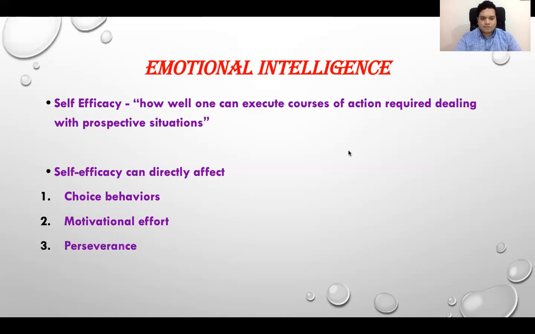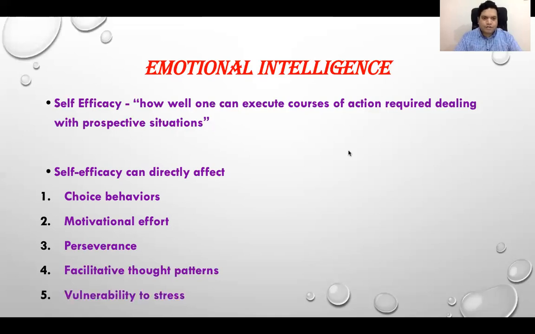Perseverance, it is determination. Those with high self-efficacy will bounce back, be resilient when meeting problems or even failure, whereas those with low self-efficacy tend to give up when an obstacle appears. Facilitative thought pattern: it is the efficacy judgment which influences self-talk.